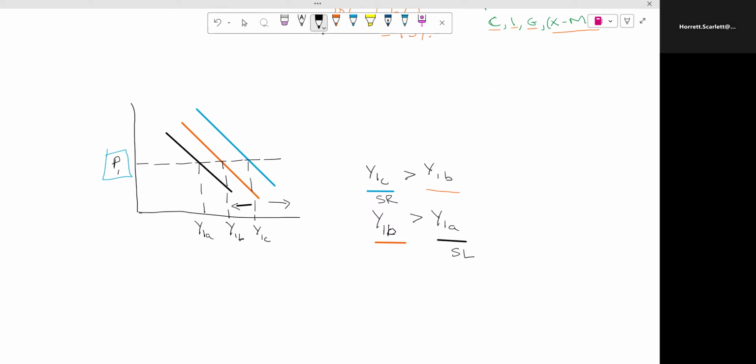Now, if we look at any arbitrary price point and we do this analysis, we see that this is true for all price levels within the economy.